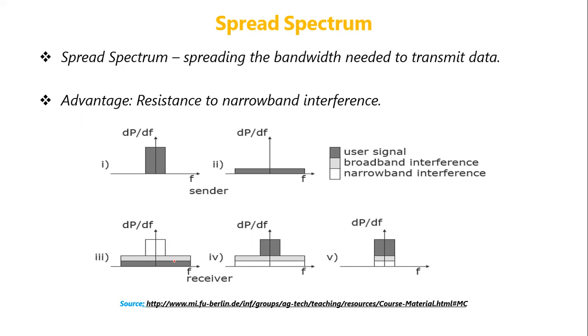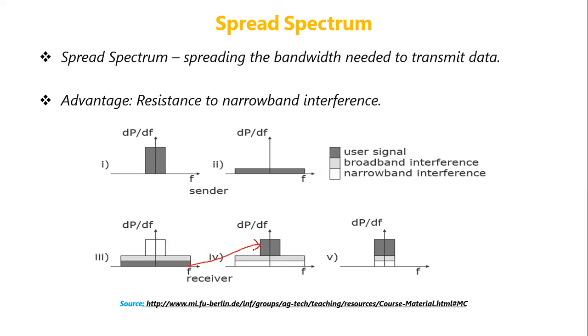After receiving, the receiver will extract the data. The user signal is spread, so the receiver will convert the spread user signal back to a narrowband signal, something like this.